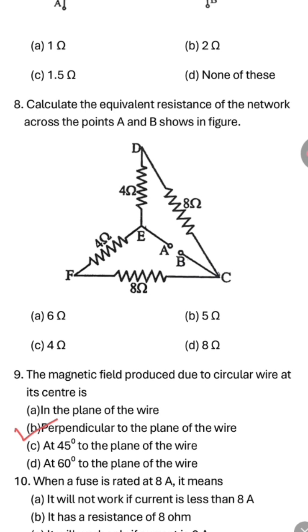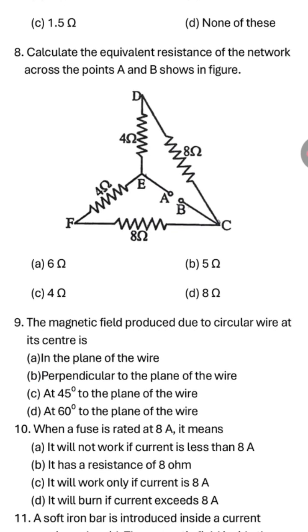Question number 10. When a fuse is rated 8 ampere, then it means it will burn if current exceeds 8 ampere. So we cannot increase current from 8 ampere. It is our limit point.